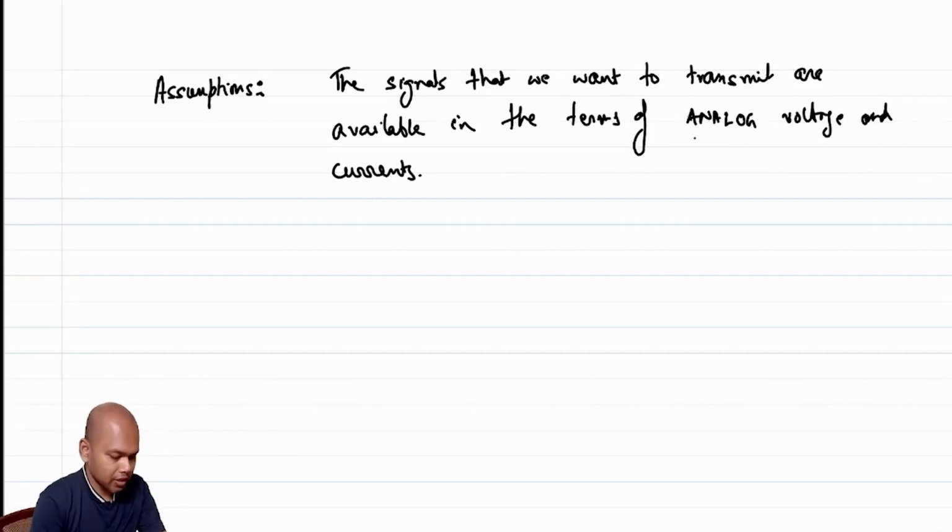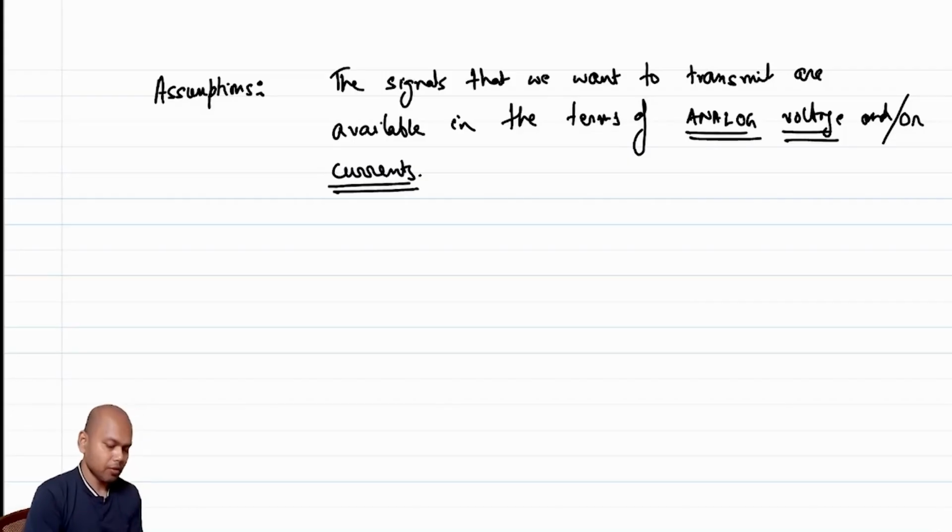You will understand why I say analog later on in the course, but for the time being we'll limit ourselves. It has to be in the form of analog voltage and/or currents. It need not be both, because if I have voltage I can derive the current out of it regardless. So this is an assumption, which means that I have these continuous time nice looking waveforms available to me and I want to transmit them.